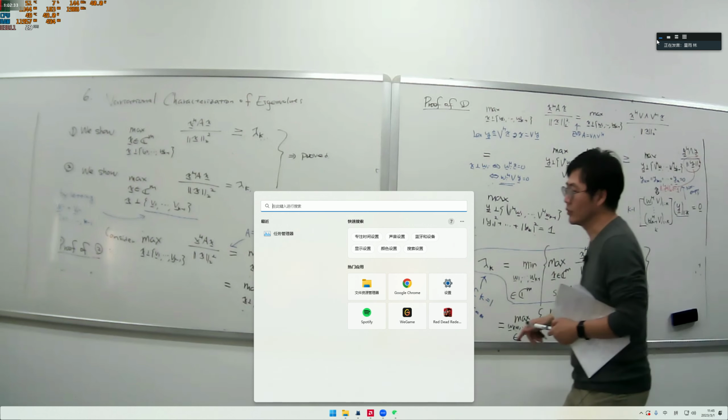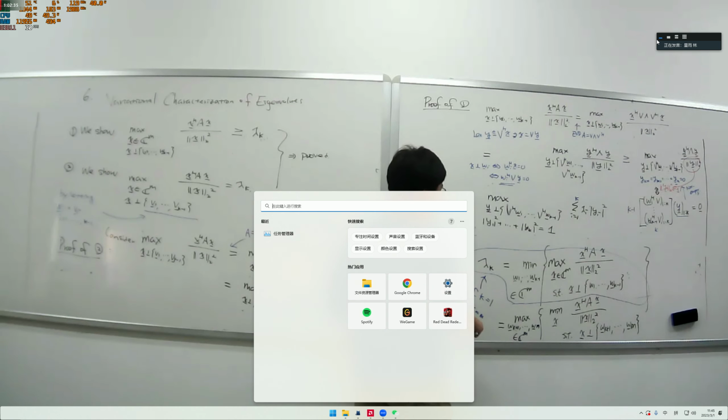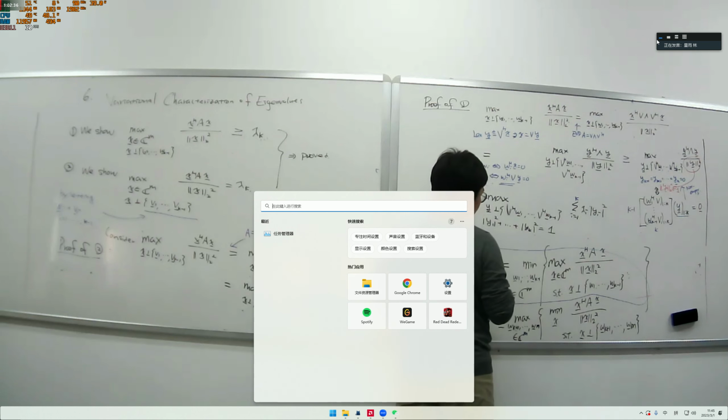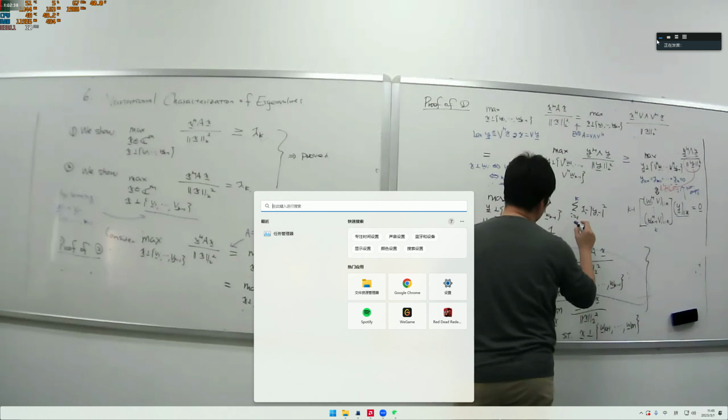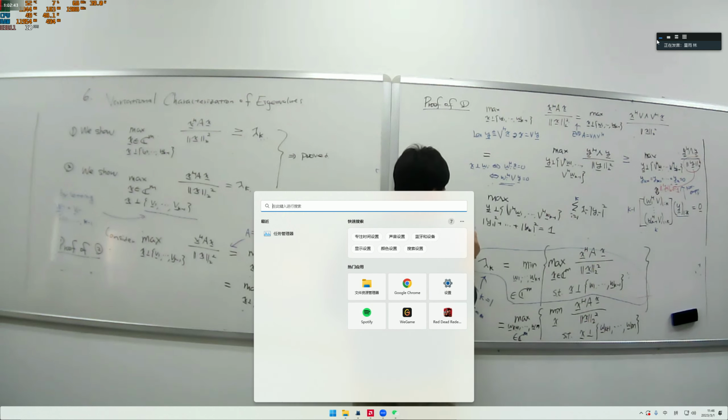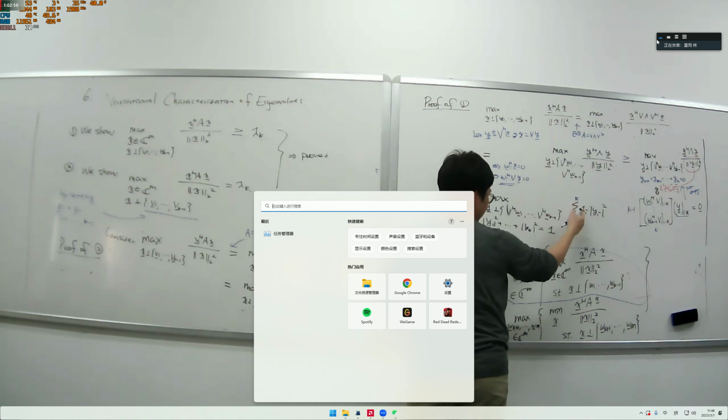Then it's similar to how we proved the Rayleigh-Ritz. So this is no less than lambda k, because lambda k is the smallest among lambda 1 to lambda k.